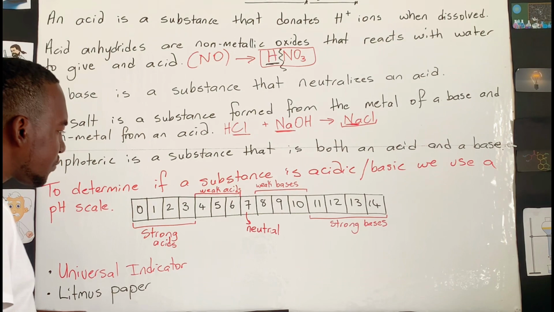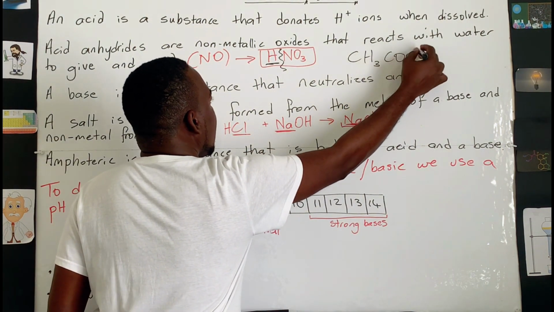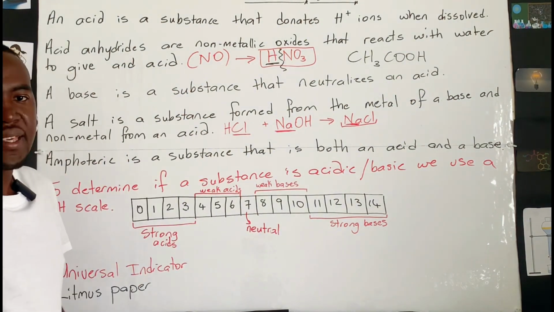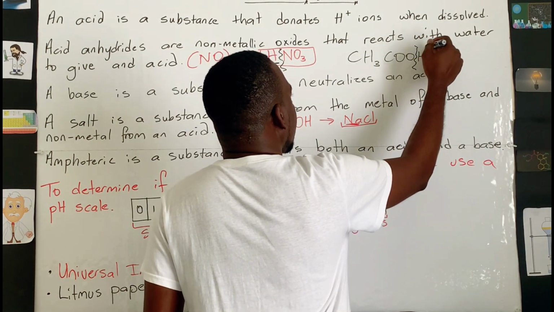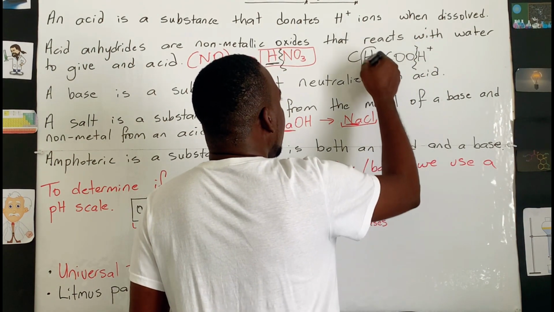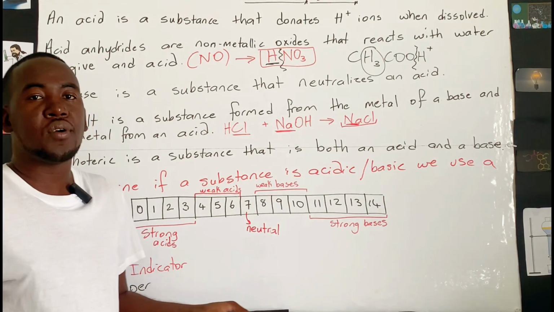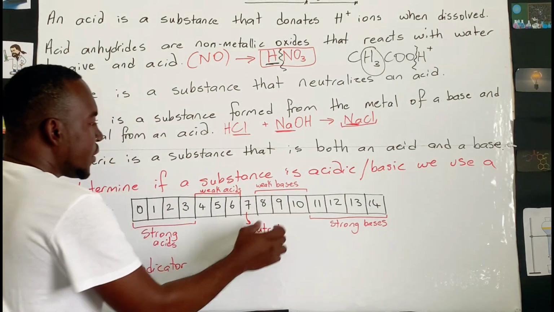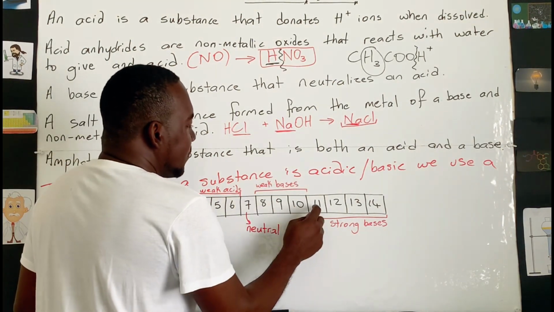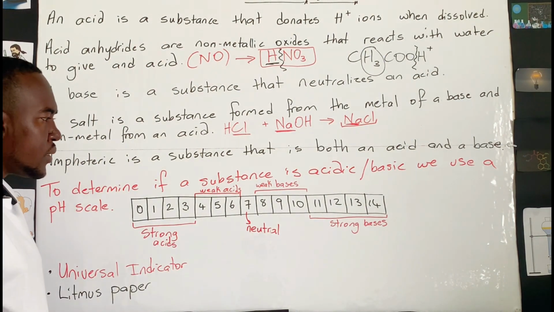An example would be ethanoic acid, where if we dissolve it in water, it breaks off here to give this hydrogen, but we also have these hydrogens there that are not broken off. So that's a weak acid. It hasn't given off all its hydrogen. Now we go from 8 to 10, which are our weak bases, and then from 11 to 14, we call them our strong bases.